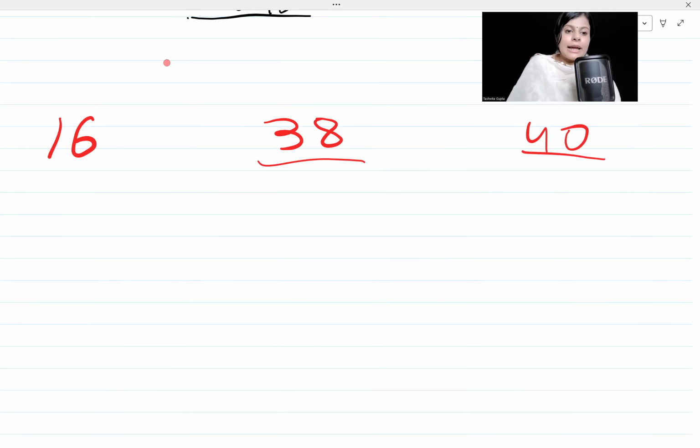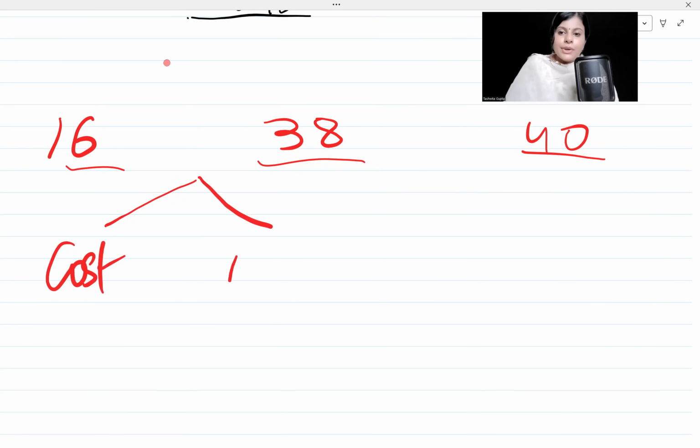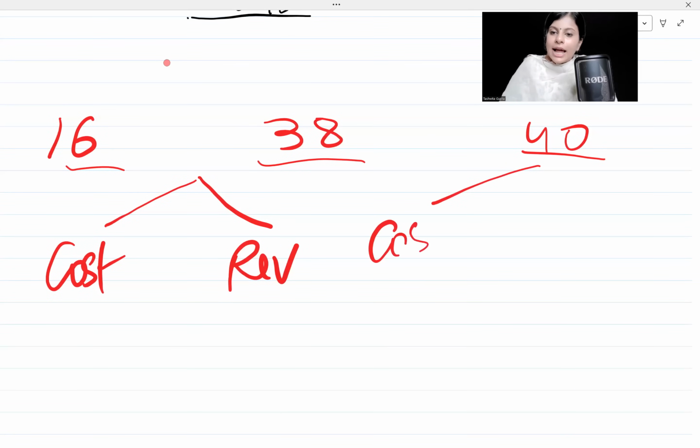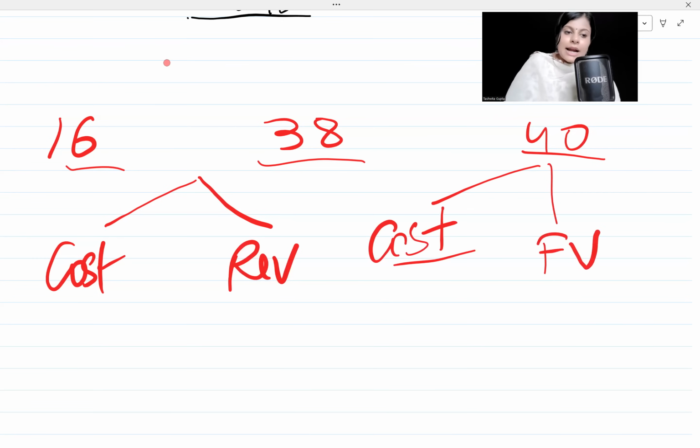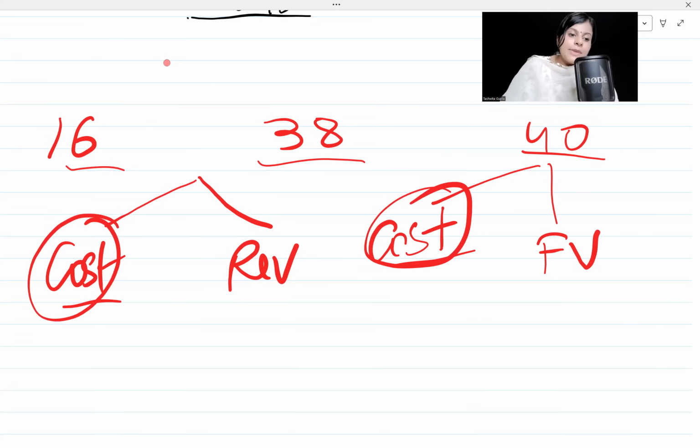Subsequent treatment under IAS 16 and 38 is once again the same: cost model and revaluation model. Whereas in IAS 40, it is cost model and fair value model. Now guys, when the name of the model is the same, the rules are the same. So here there is cost model and cost model, and the rules are the same: I'm going to keep my asset at carrying amount.